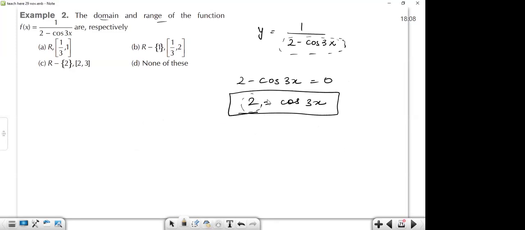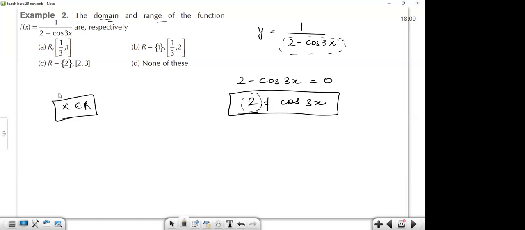So it cannot be 2. So it is not the case for any value of x. If you take any x, the function will be defined and this term will never become 0. So for the domain, we can take x as any real number. So our domain, as we can safely say, is real numbers.